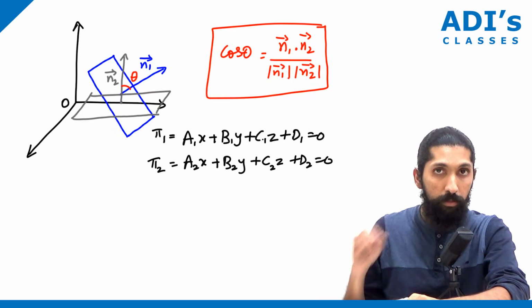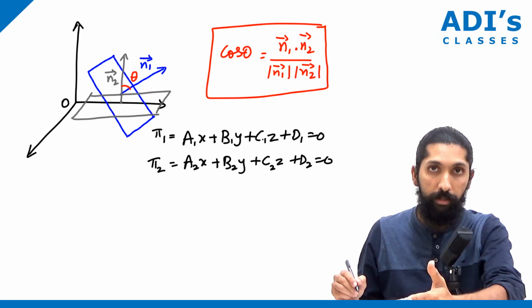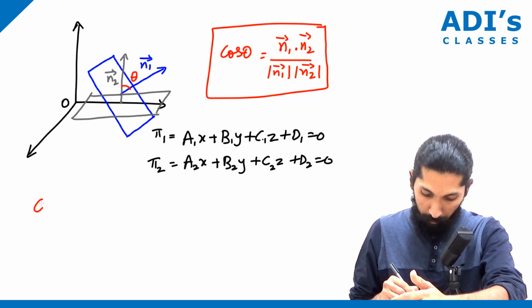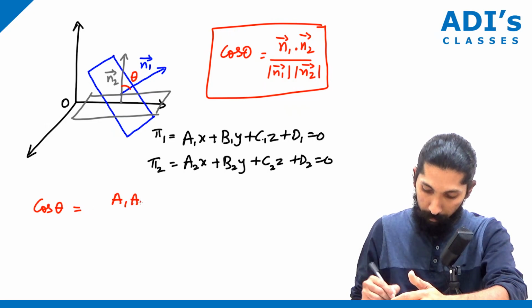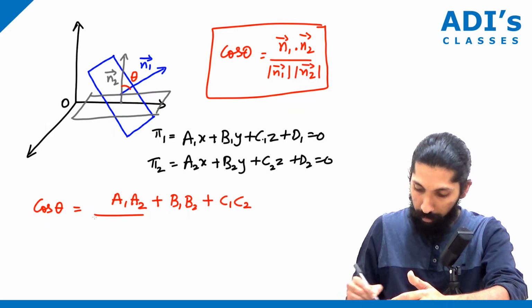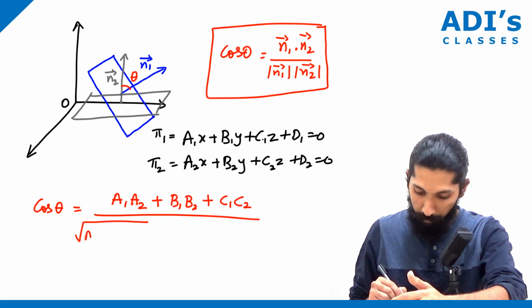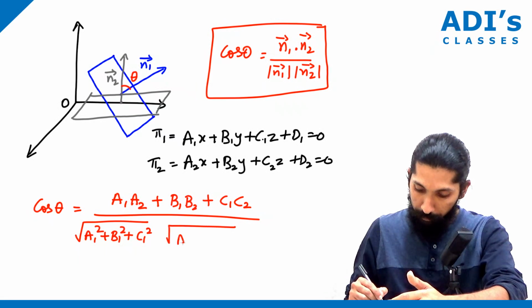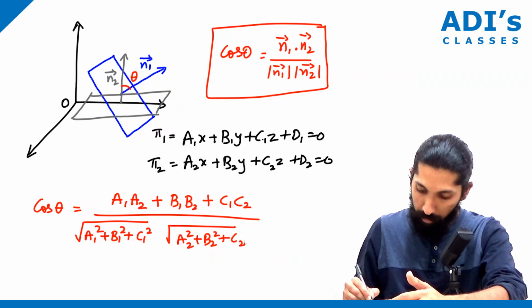Now, the angle between the two planes is nothing but the same dot product, correct? So, this way if you do it, then we'll get cos theta is equal to a1 a2 plus b1 b2 plus c1 c2 divided by root of a1 square plus b1 square plus c1 square into root of a2 square plus b2 square plus c2 square.